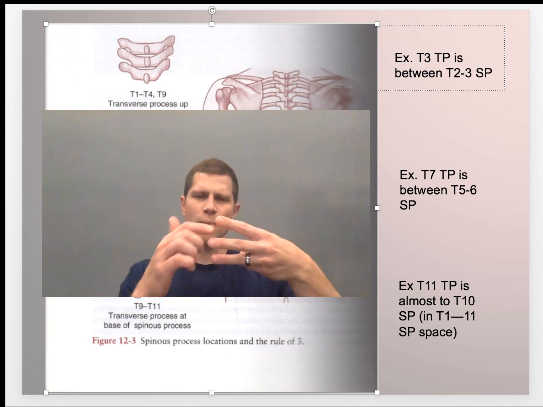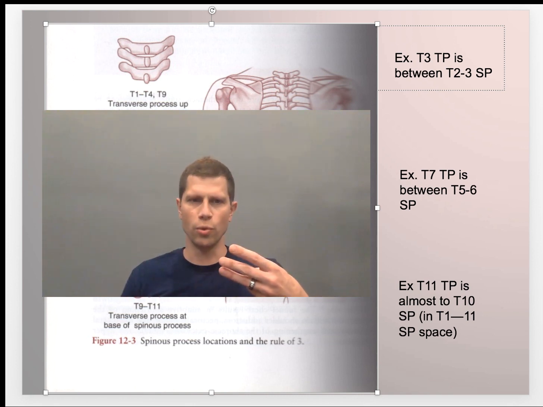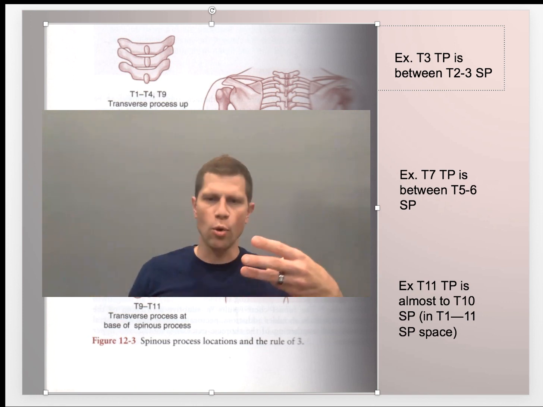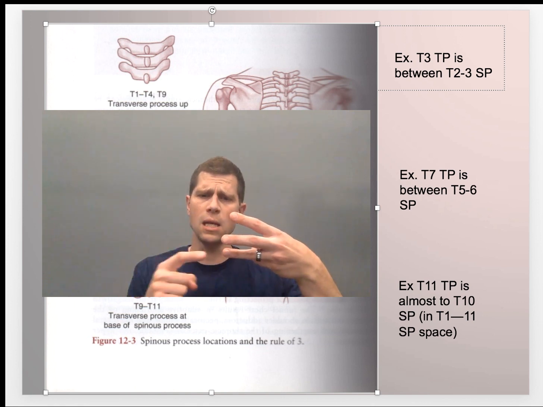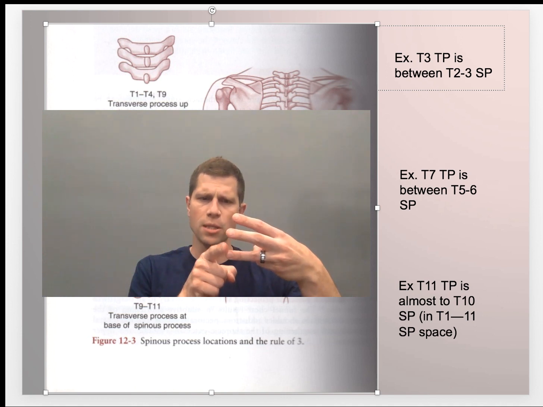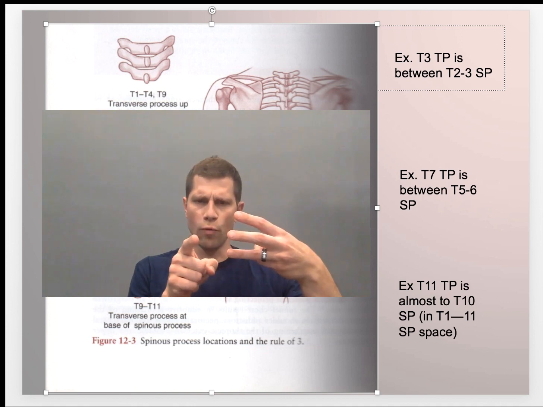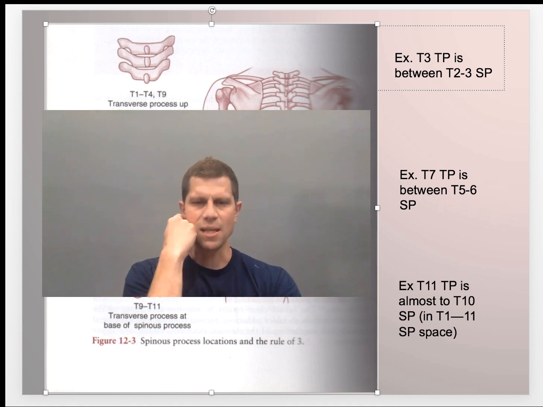In reality, that space is so small, you can almost just consider it like the first rule, where it's just in between that area. But for more specifics, if we call this T11, T10, and T9, if you're looking for T11's transverse process, you start at the spinous process, come almost all the way to T10, go over those two widths, and again, that's where you're expecting it to be.